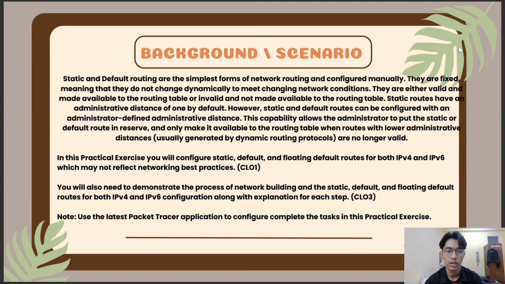Ni backgroundnya. Static and default routing is the simplest form of network routing and is configured manually. They are fixed, meaning that they do not change dynamically to meet changing network conditions. They are either valid and made available to the routing table or invalid and not made available to the routing table. Static routes have an administrative distance of 1 by default.